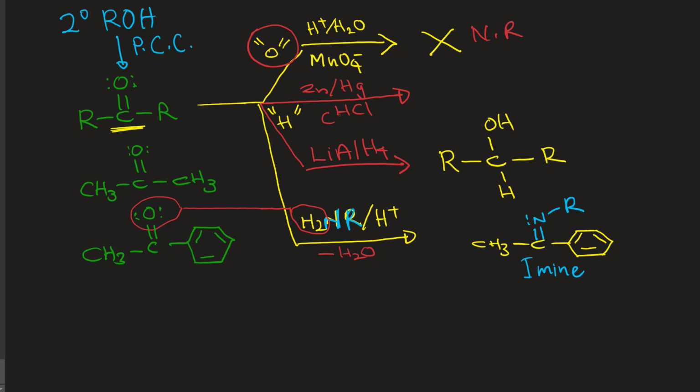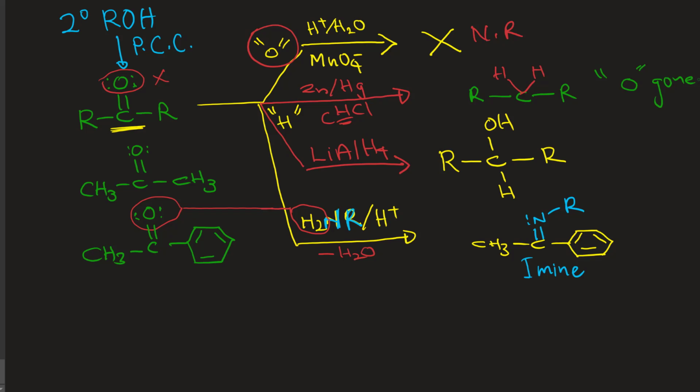Now we have another specific reduction with zinc, mercury, and conc HCl treatment. This will basically remove this oxygen completely. The oxygen is gone. So when the oxygen is gone, it's a reduction. We expect two hydrogens to go there, and that's what happens. So now you have an alkane basically, right?